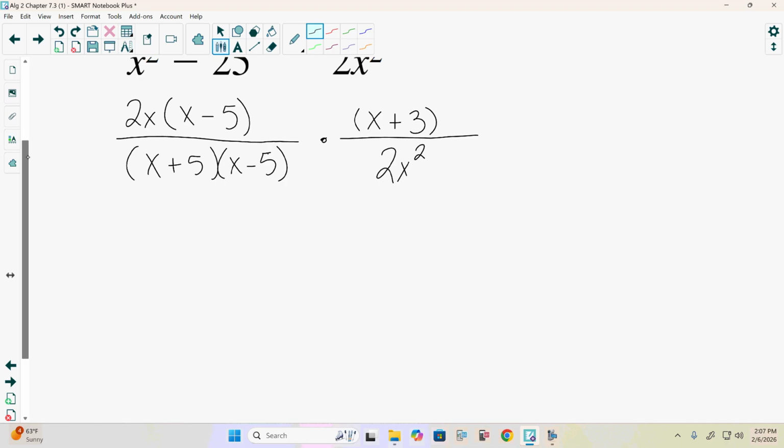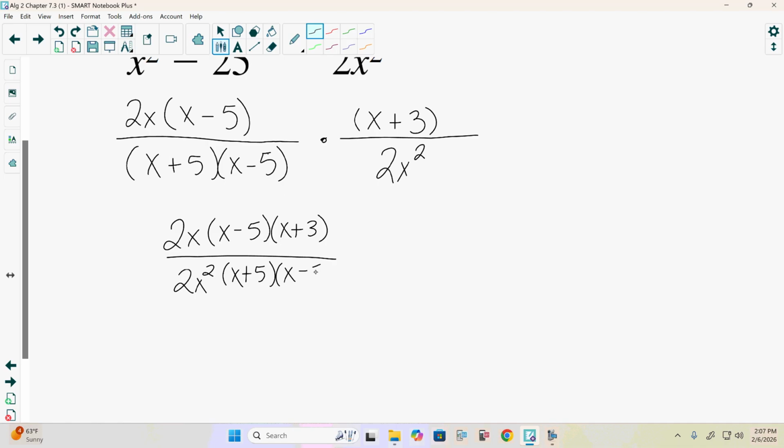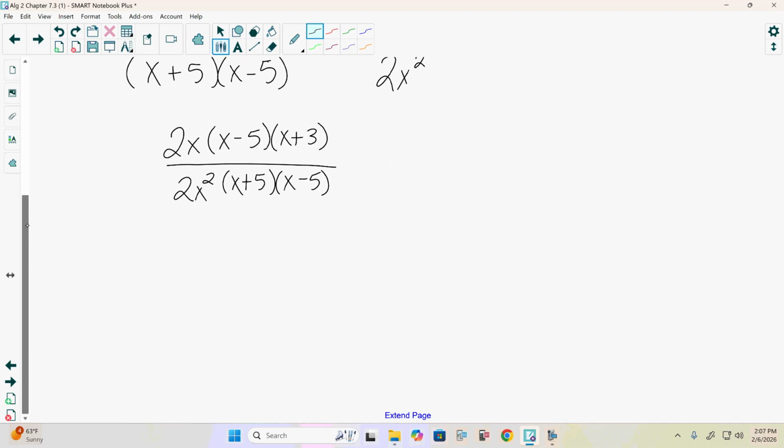Or we can just go on and multiply our two sets of parentheses together. And yes, the x minus 5 and x minus 5 will cancel. They'll simplify out. They will become 1.